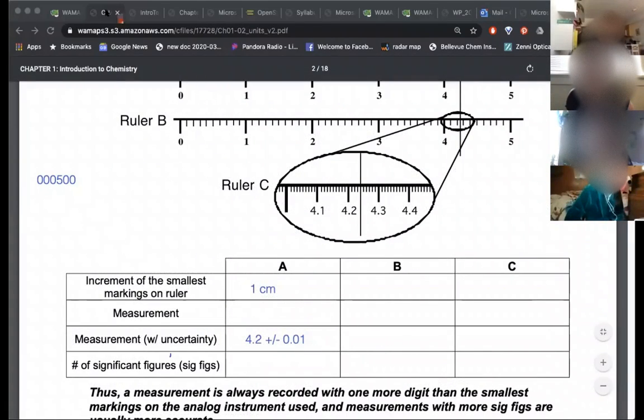Oh, no, I wrote that wrong, didn't I? This should be, let's see, I had 4.2 plus or minus 0.1. Did I get those all wrong? I wrote them all wrong.